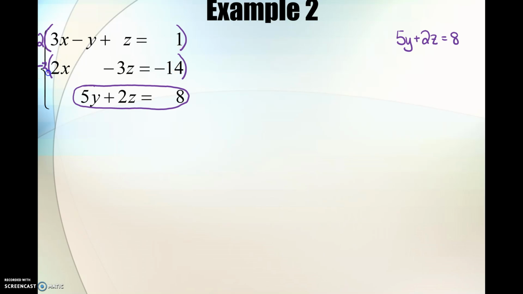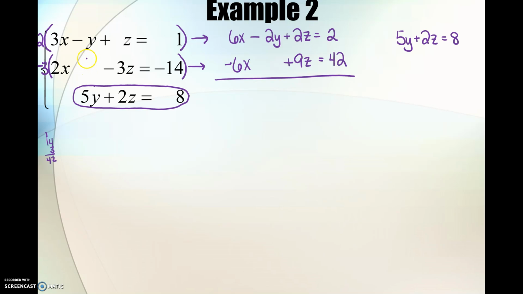So I'm going to pause the video, take a moment, multiply the top equation by 2, multiply the middle equation by -3, and then eliminate to get another equation that doesn't have x. A couple of hints. This blank here, you want to keep that as a blank when you're eliminating.